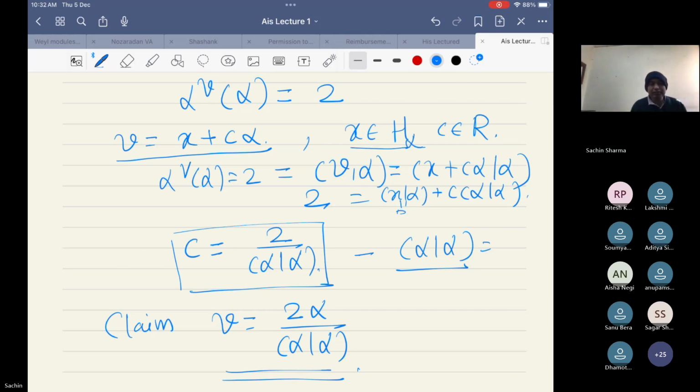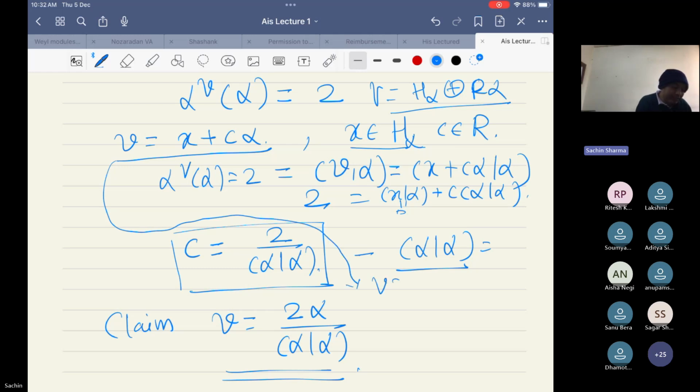So you are able to write V in terms of the perpendicular hyperplane and R alpha, right? Is it clear? Yes. Try to prove that V has this form. So you came to V being X plus twice alpha by (alpha, alpha). Claim that this X should be 0. Why is this X 0?